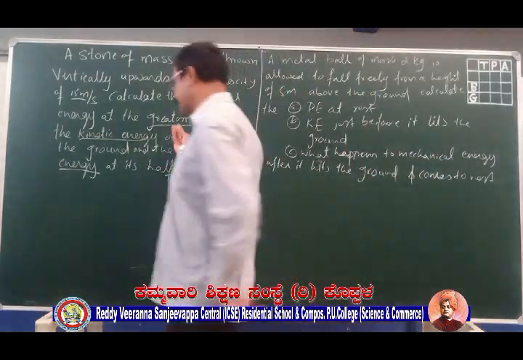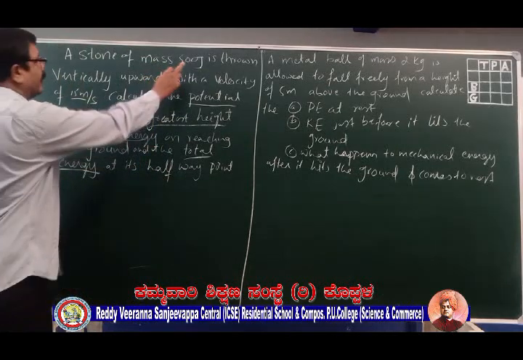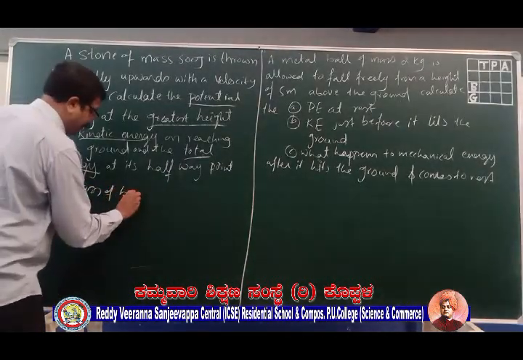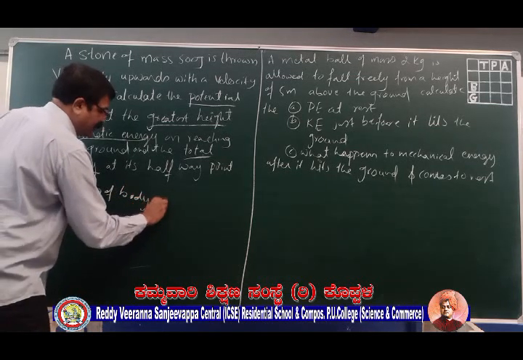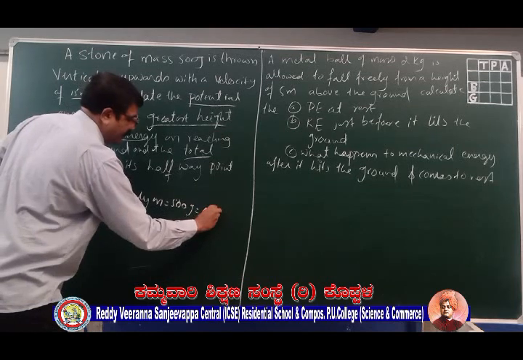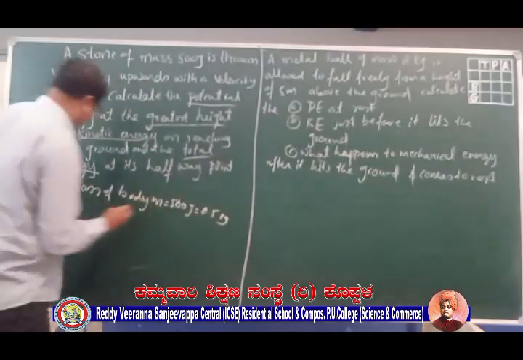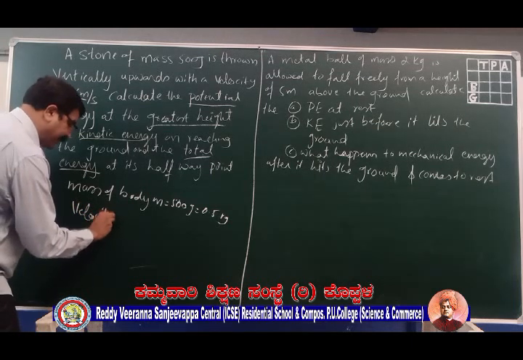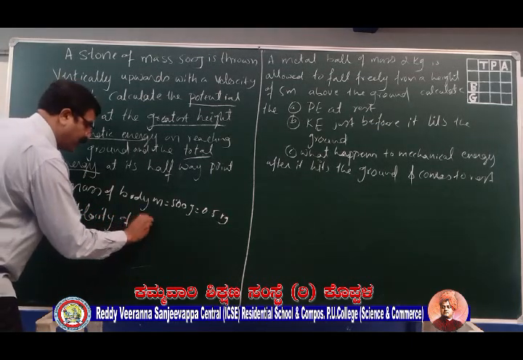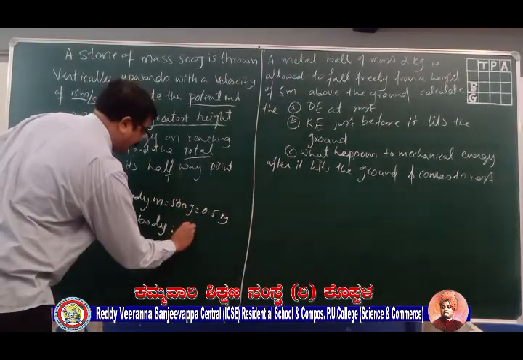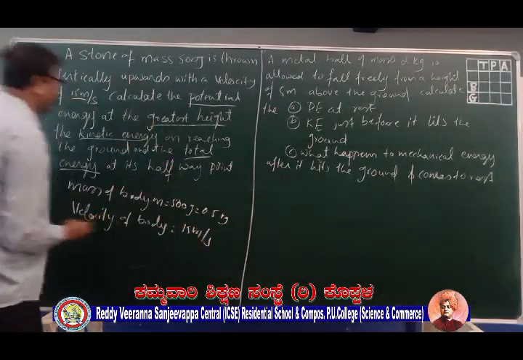Let us take down the data first. What is the data we have? The mass of the body, m is equal to 500 gram, that is 0.5 kg. Then the velocity of the body with which it is thrown is 15 meter per second.